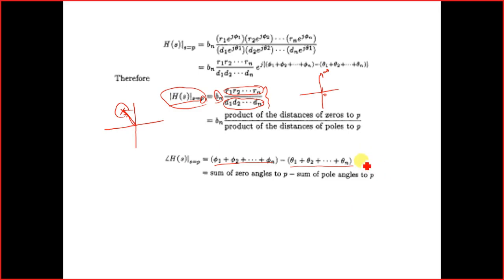Now if we design an all pole filter, then the angles of the poles are being subtracted. If there are no zeros, this gets negated, so we will have a phase response which will be negative in nature, which will only exist in the sub-zero levels.